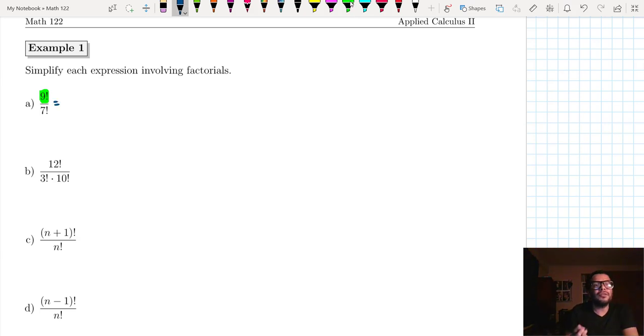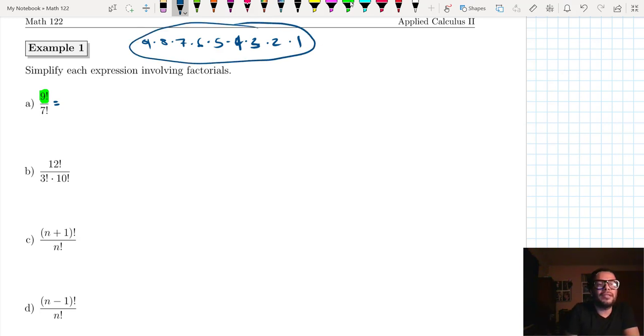Okay, so I'm going to use the definition of the factorial. Keep in mind that 9 factorial is the same as saying 9 times 8 times 7 times 6 times 5 times 4 times 3 times 2 times 1. However, I'm not going to write all this down here.